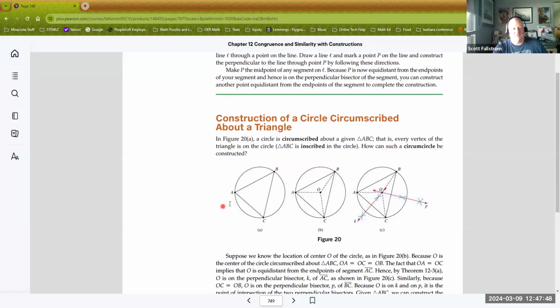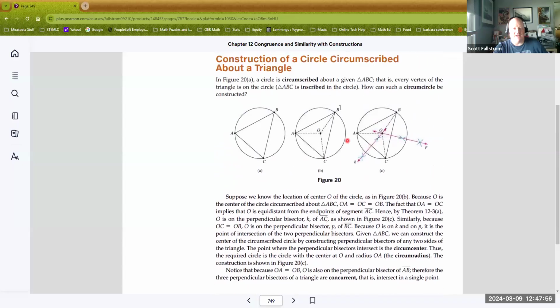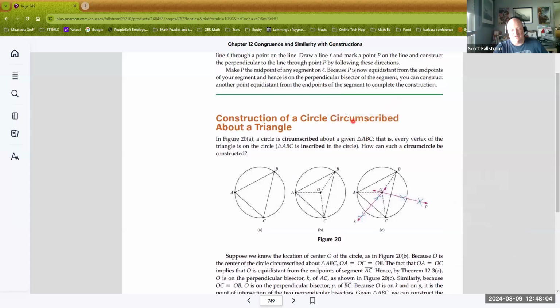For example, if you have a triangle, we can actually build a circle that goes through all of the points of that triangle. That is known as circumscribed. Just think about the words. Obviously, it's easy to say the wrong thing here. Circumscribed has two pieces.